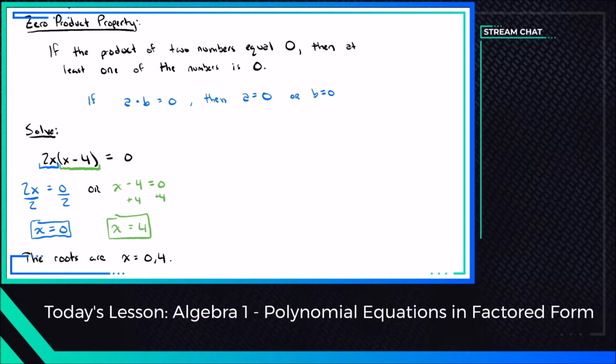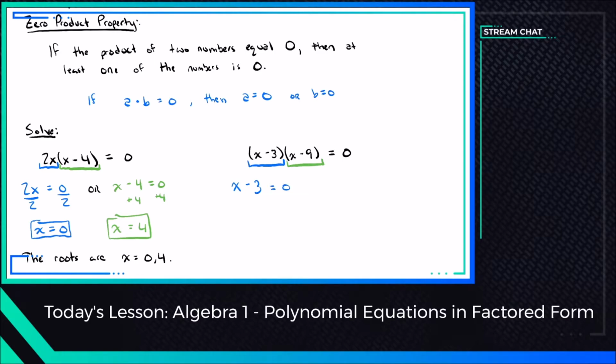Let's do another example. Let's take a look at x minus 3 multiplied by x minus 9 and set that equal to 0. Once again, we have two factors here, an x minus 3 and an x minus 9, and when they're multiplied together, they equal 0. So either x minus 3 is equal to 0 or x minus 9 is equal to 0.